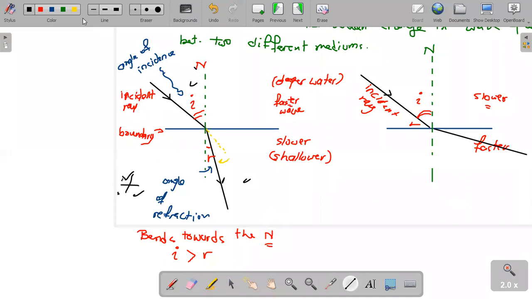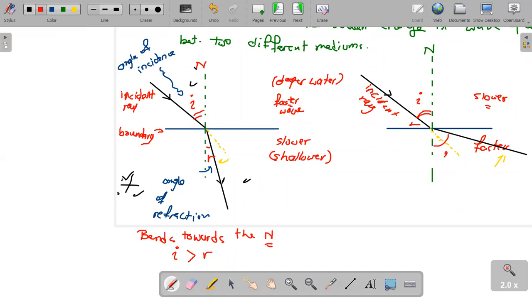Okay, مرة تانية, how do we know is it away or not? يعني it's supposed to move straight. يعني لو كان if it moves straight it will be in this direction. It goes away from the normal like this. Okay, so in this case, where is the angle of incidence and refraction?